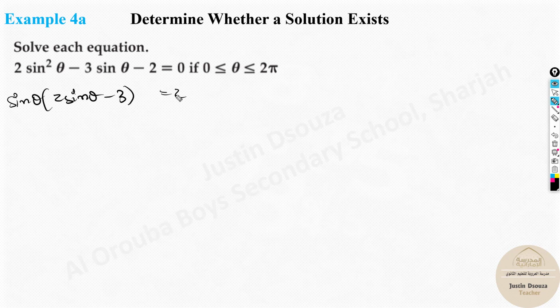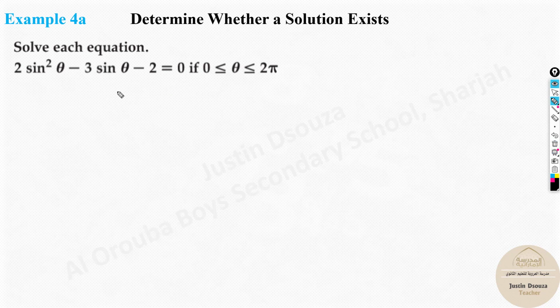And then if you start solving by equating to 0, this will be wrong because this is not the zero product property. When you have two factors multiplied, it can be equal to 0. That is the zero product property.